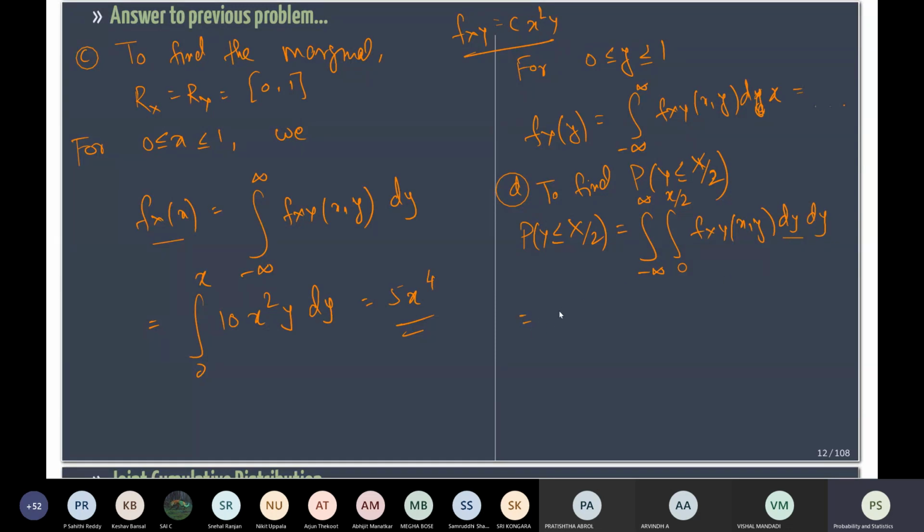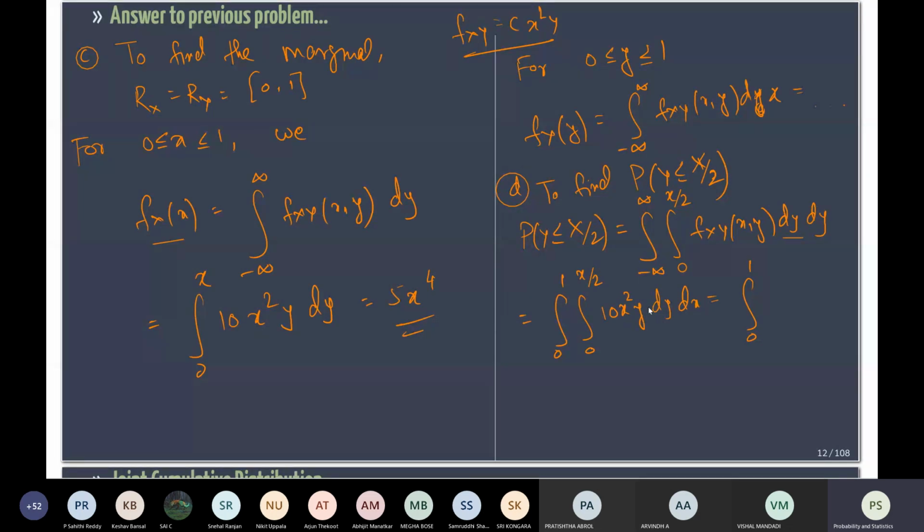Okay, this is the first time doing the dy. So this boils down to the x limit being 0 to 1 and the y limit being 0 to x by 2. So if we put this value, we have x square y dy dx. Here we have 0 to 1, and then if we integrate this out, the y square by 2 is the first thing, right?